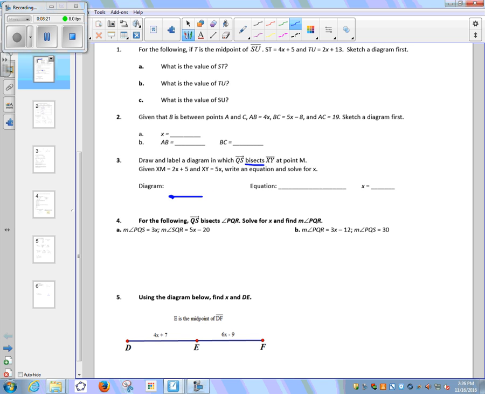So I'm going to start with XY. And if it bisects XY, what's going to happen to XY? What does bisect mean? Half, right? So if the segment is getting cut in half, what could I mark on that segment?